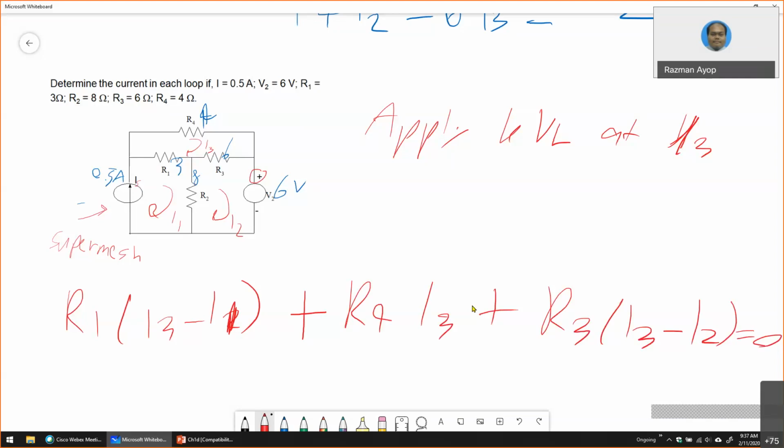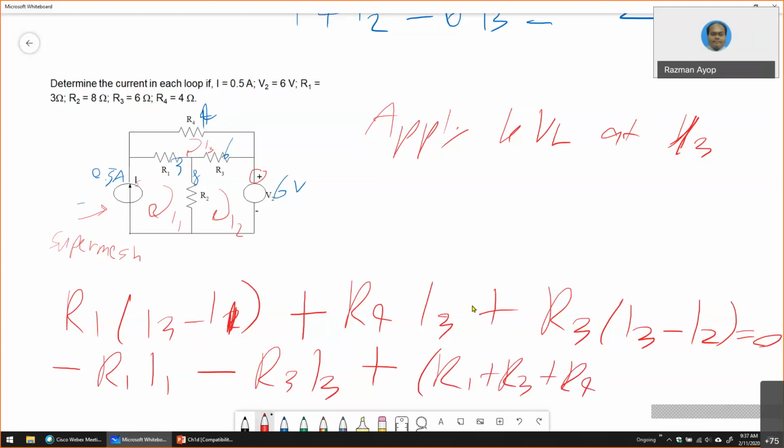Then rearrange it. Negative R1 I1 minus R3 I2 plus (R1 plus R3 plus R4) I3 equals 0. This one is I2.